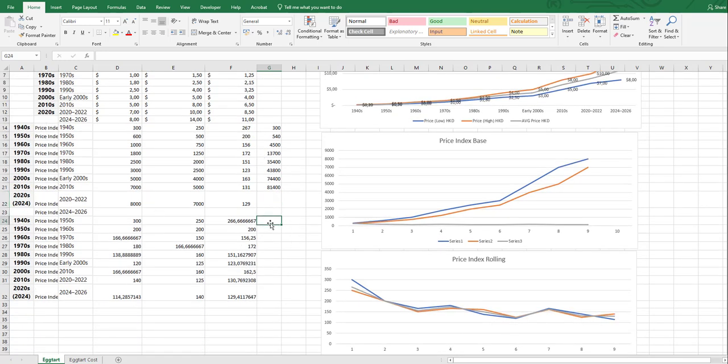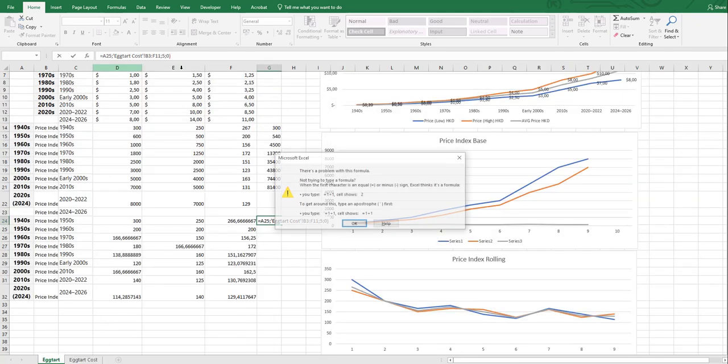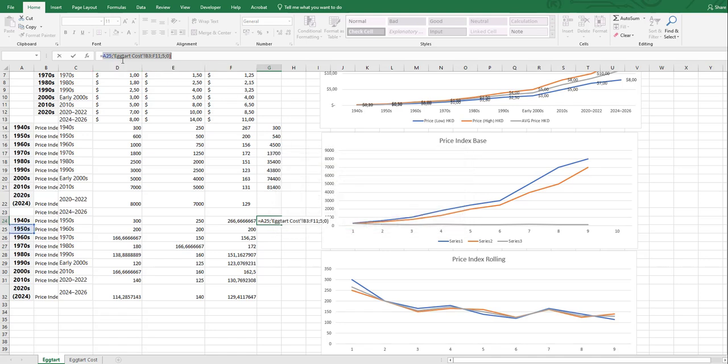So here I'm looking for this one and the number 5. I didn't type vlookup. Okay, so this one is not needed.